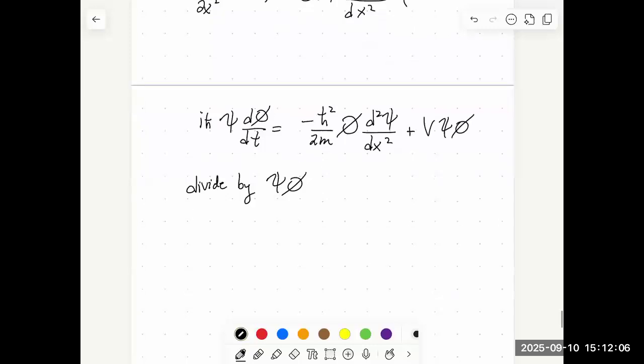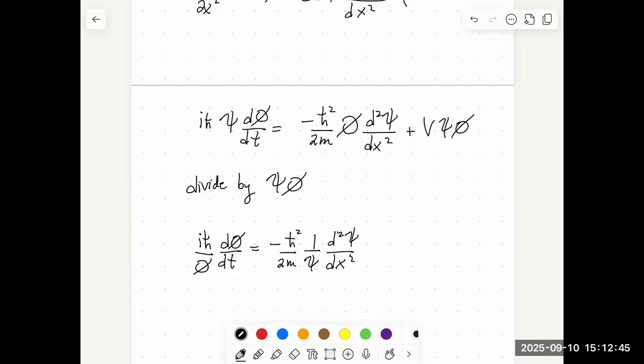All right, so we divide. For the first term, when I divide by this product, I cancel here and I get a 1 over phi. So we have i h bar over phi d phi dt. And then this thing's going to cancel, so we'll get a minus h bar squared over 2m, 1 over psi d2 psi dx2.